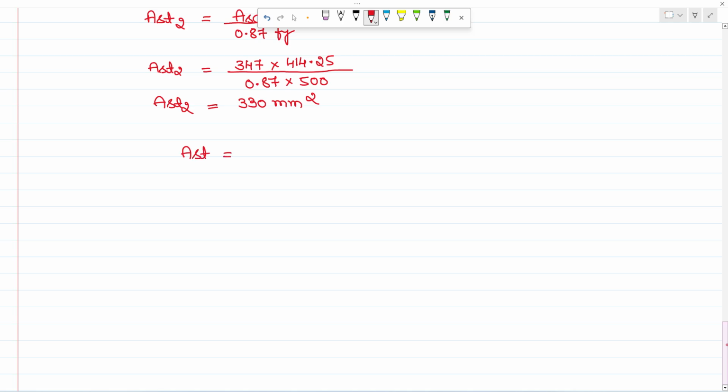AST is the total area of tension reinforcement, which is equal to AST1 plus AST2.